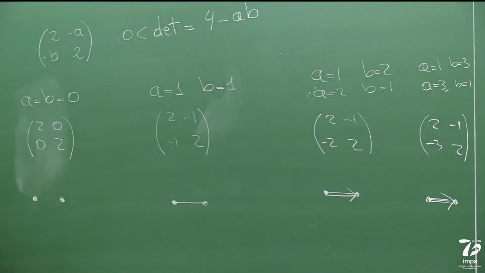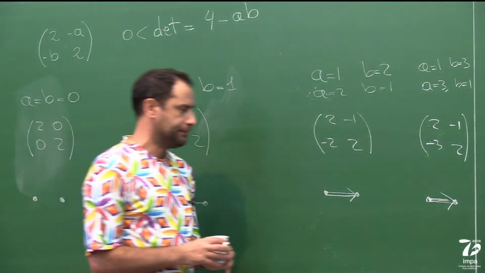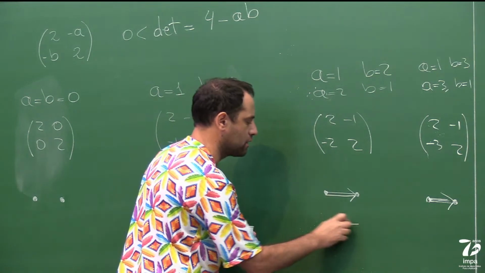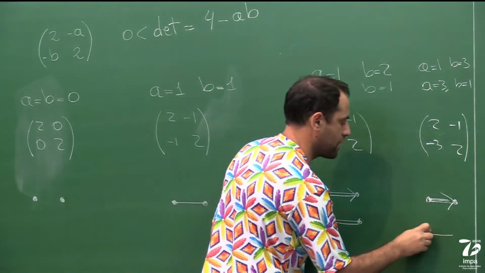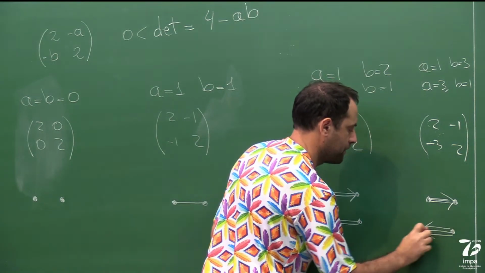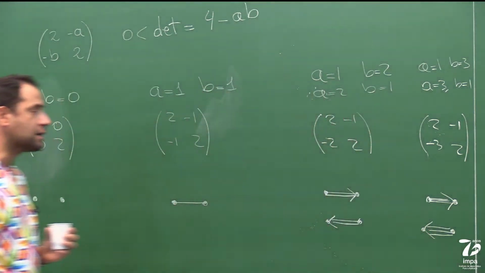So these are all possible 2x2 Cartan matrices. These are all possible Dynkin diagrams with 2 nodes, modulo the fact that you can consider this by looking at the transpose of this matrix, or you can consider this by looking at the transpose of those.